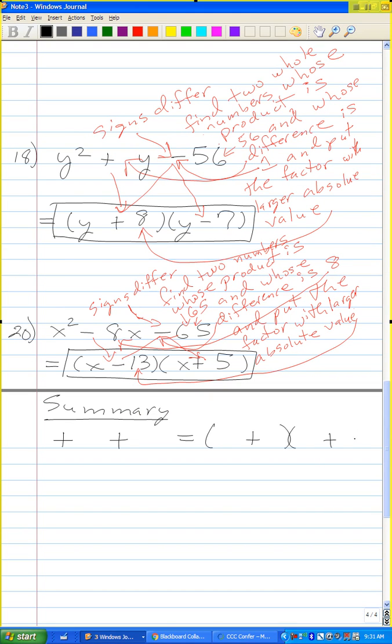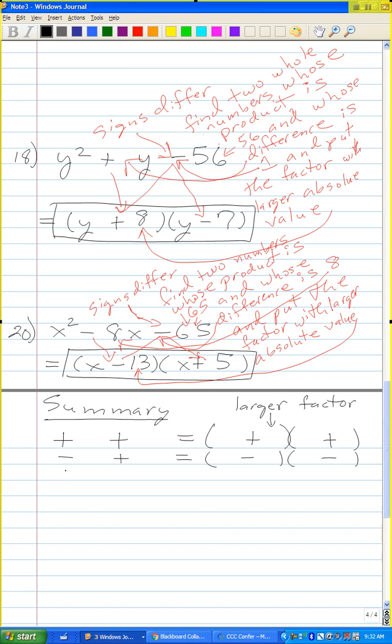in which case they're both plus, and the factor with the larger absolute value will be placed first. If there's a minus plus, drop down the minus times plus is minus.